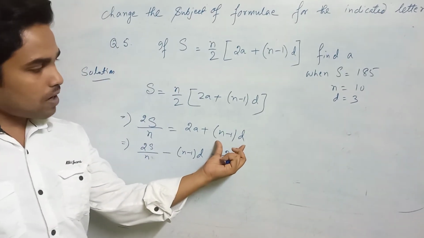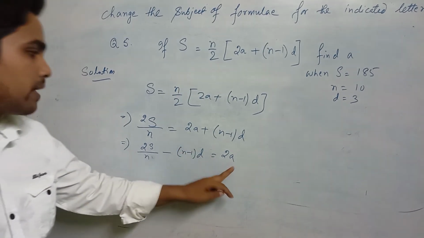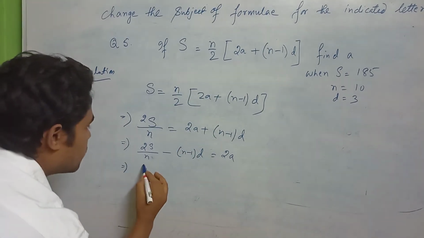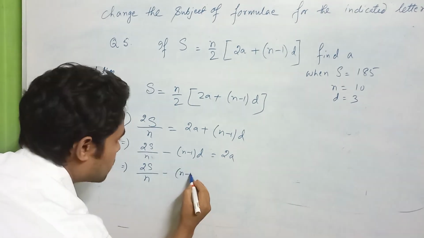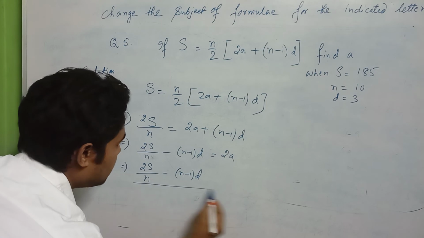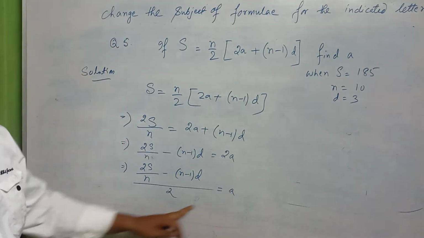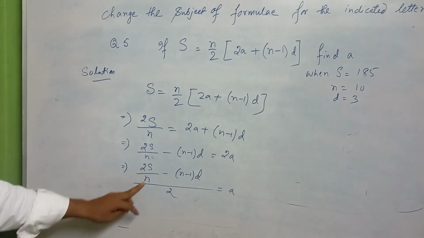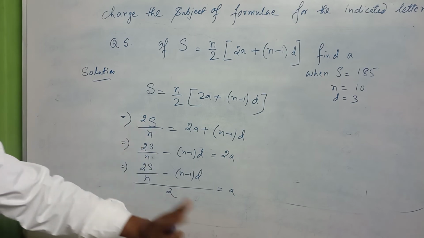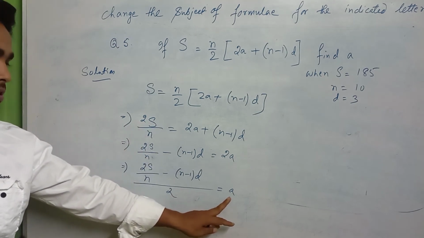I shifted this part towards left because we need to find out A, implies 2S by N minus N minus 1 D whole divided by 2 equal to A. So we got A. Now we will put the values of S, N and D, then we will definitely find out A. You will get the result A.